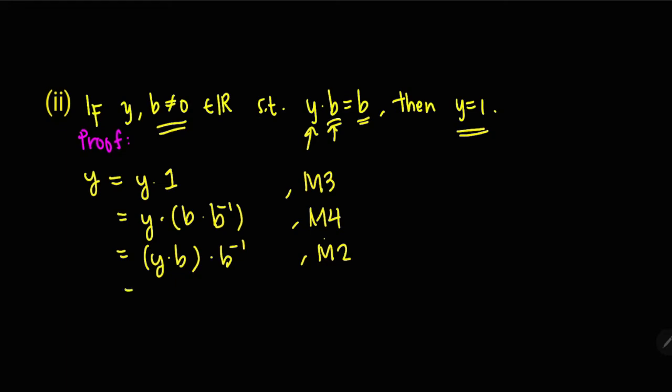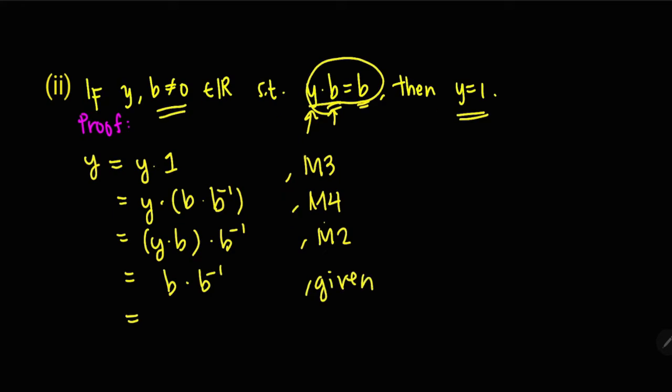Now, from the given, y times b is equal to b. So, we can replace this by b and then copy b inverse. But b times b inverse, as we know from the existence of multiplicative inverse, is equal to 1. So, again, that's M4.